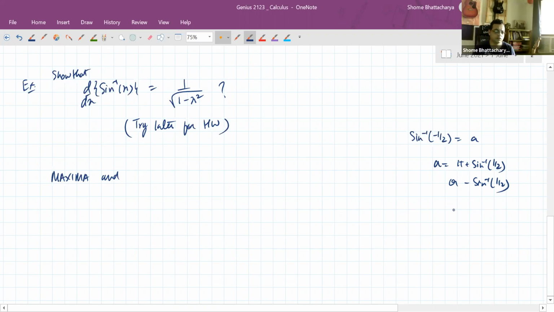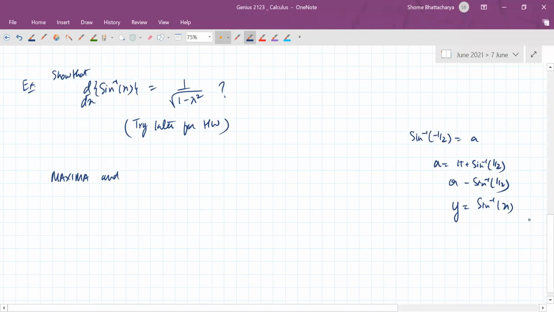First of all, you'll understand this thing, that if I think of this like a function, y is equal to sine inverse x, then I'm talking about a limited domain for the first quadrant. I'm talking about the domain that x is between 0 and 1.